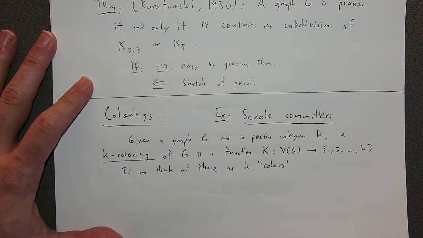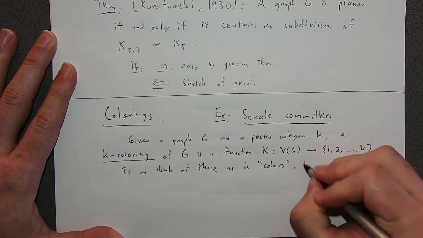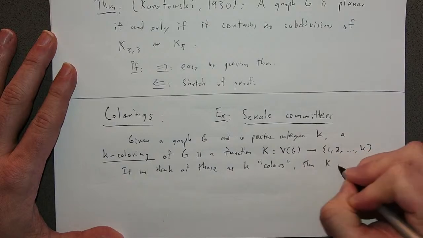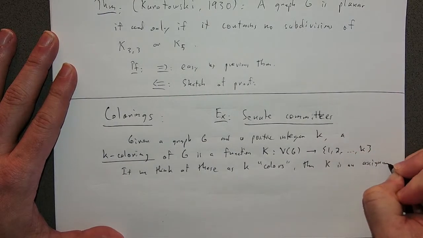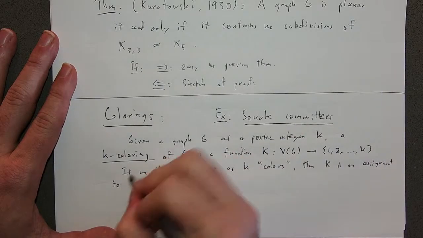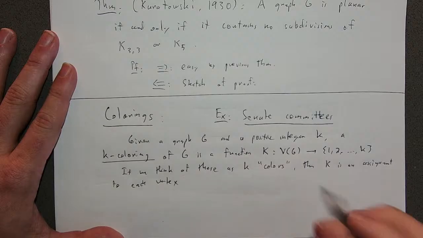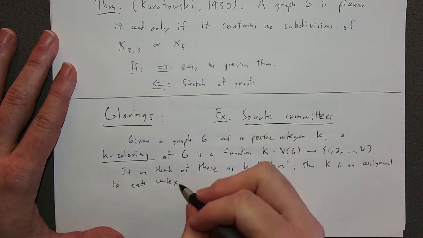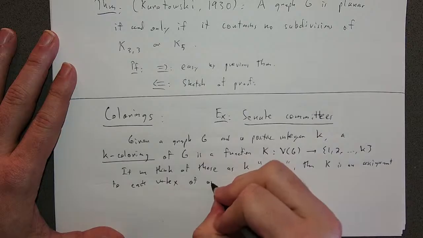So if we think of these as K colors, then this function K is an assignment to each vertex of a color. It's a function, so exactly one color. It's unambiguous.